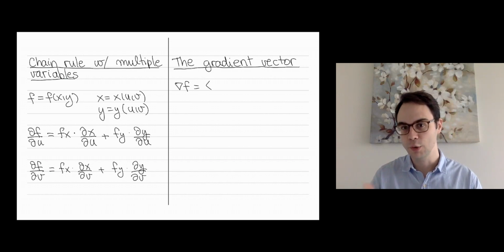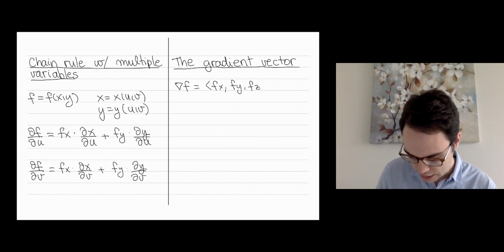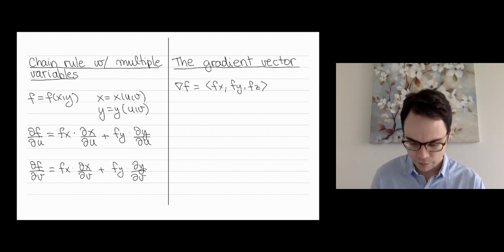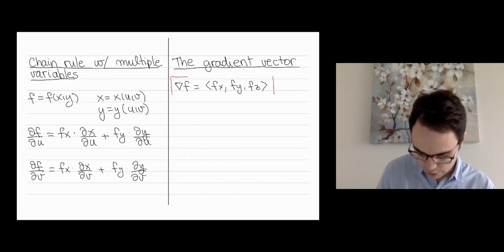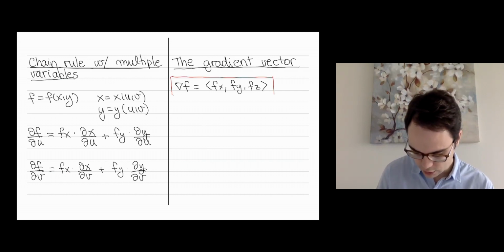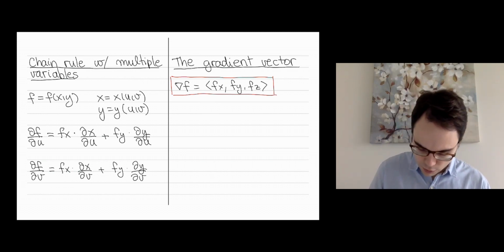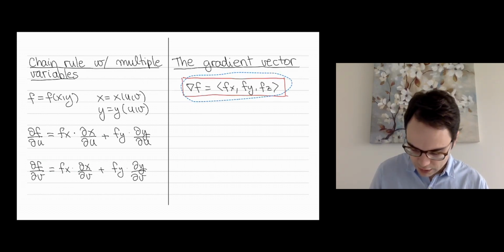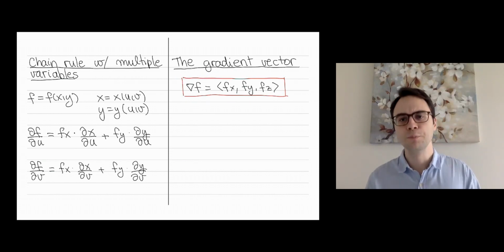It's a vector that we build from the function. We just put the x partial in the first component, the y partial in the second component, and the z partial in the third component. So the gradient vector is this vector we build from the three partials of the function. It's really computable. You can certainly evaluate it in most cases.